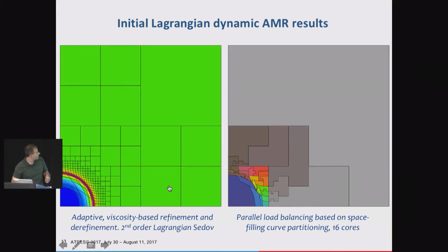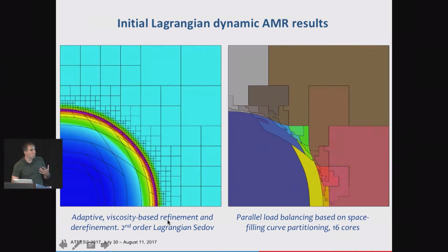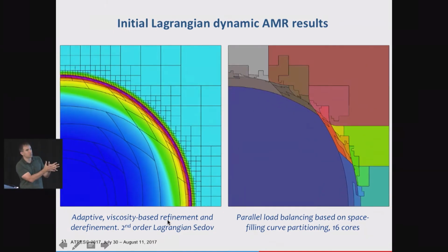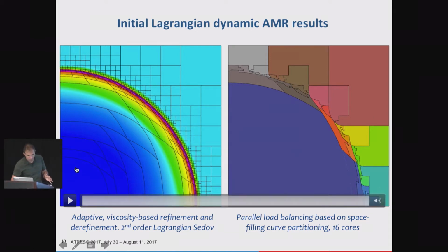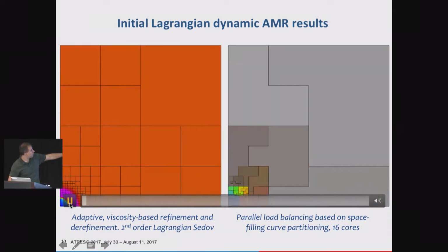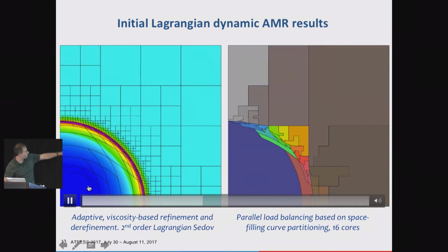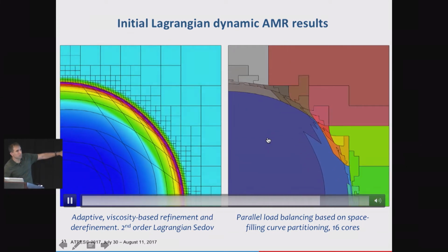Here is a video of this same problem that includes not just refinement, but adaptive refinement, as well as derefinement and parallel load rebalancing. Let me play this again. On the left here, you see the mesh, and you will see that some elements are refined in front of the shock wave, and some elements are derefined. What you see on the right here are the domains.